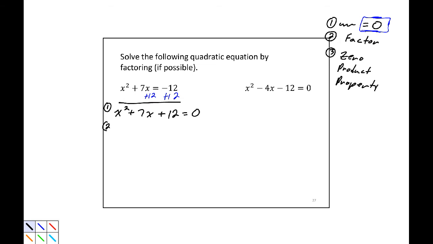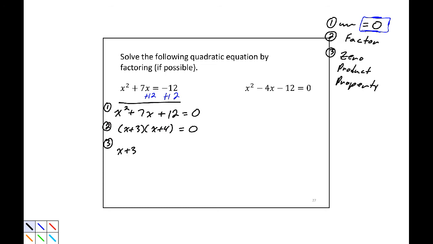Next, I need to factor this. And for a review of factoring, see some of the previous section videos. This factors as x plus 3 and x plus 4 equals 0. Now, the zero product property says that if these two things multiply to be 0, then one of them equals 0.